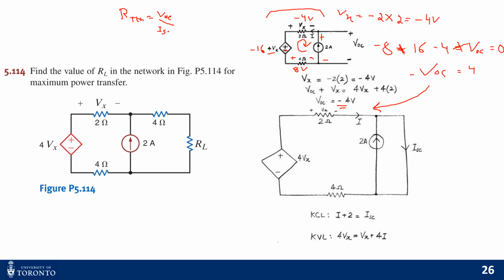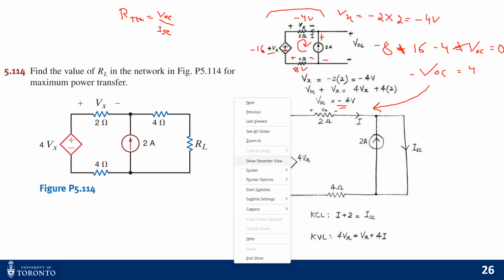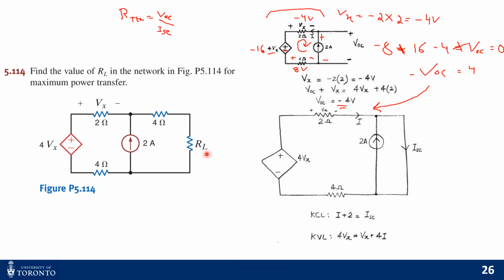So it's open circuit voltage divided by the short circuit current. We know VOC, which is minus 4 volt. So now we continue with the same circuit with the open load, and now to find the short circuit current, we'll short this terminal, and the resultant equivalent circuit is shown here.